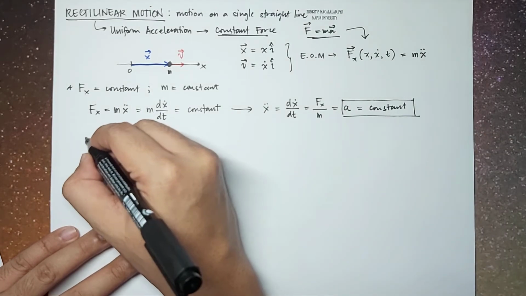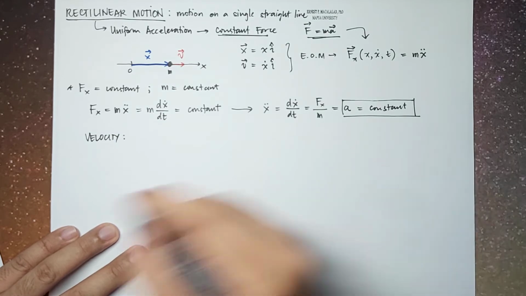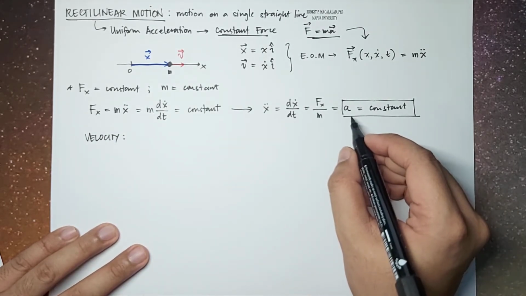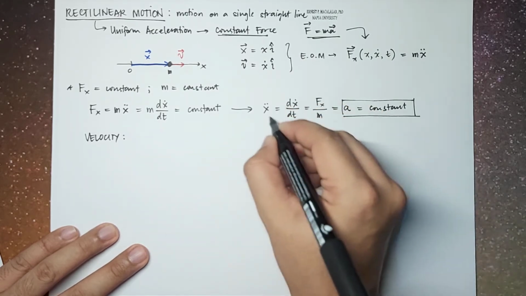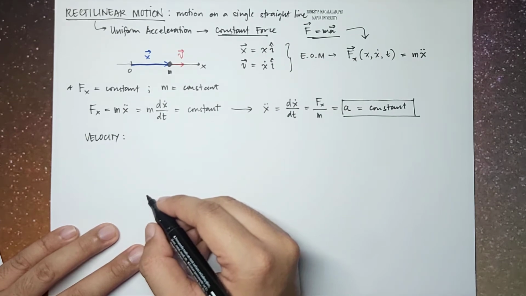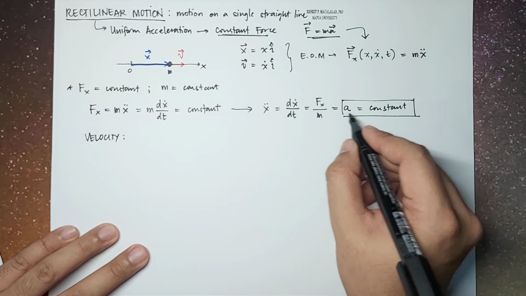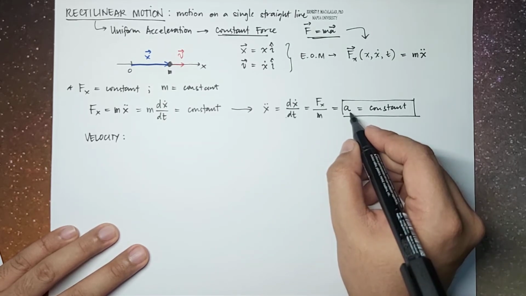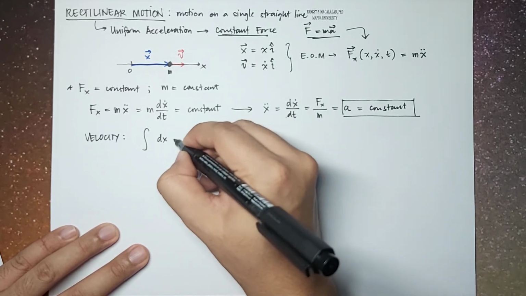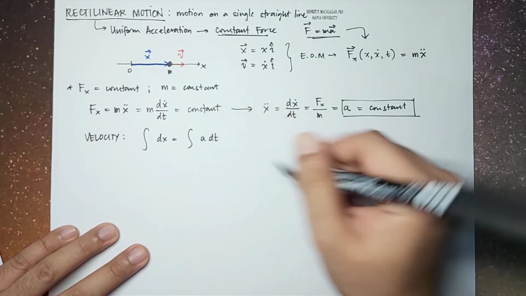For example, if we want to know the velocity of your particle, we just integrate or solve this differential equation by direct integration with respect to time. How are we going to do this? We multiply both sides of the equation by dt. So this becomes the integral of d x dot, and this is equal to the integral of a dt.